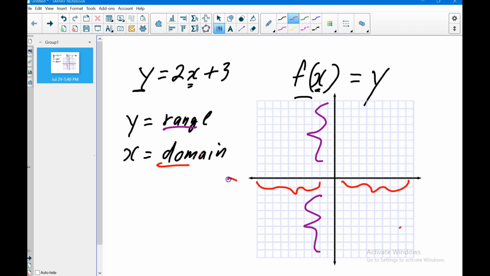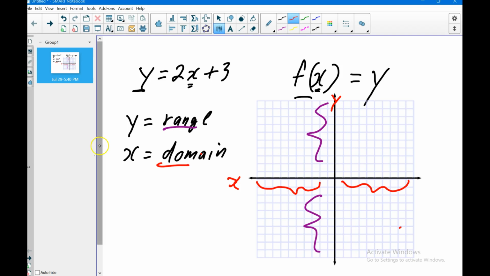So domain is the x, range is the y. That's all domain and range is. Math people make it sound really important, so they use words like range and domain instead of x and y. Whatever. Who cares? So if I had a function like you have right there, y equals 2x plus 3.